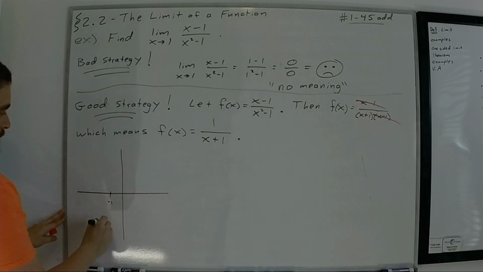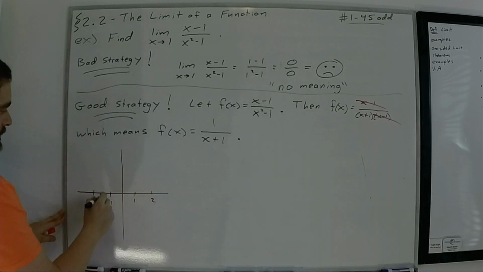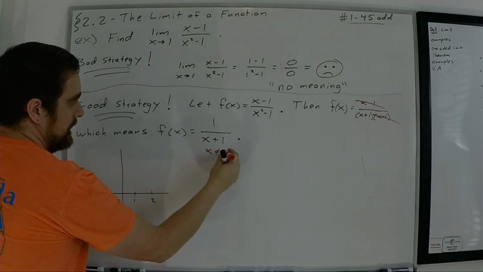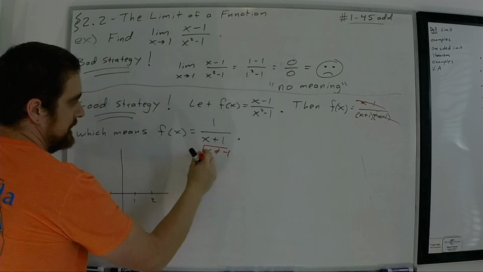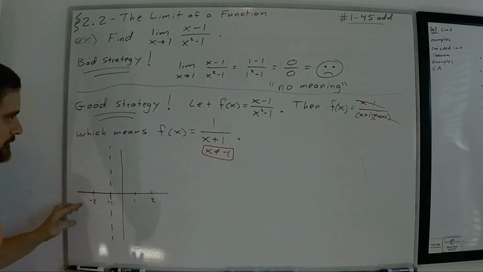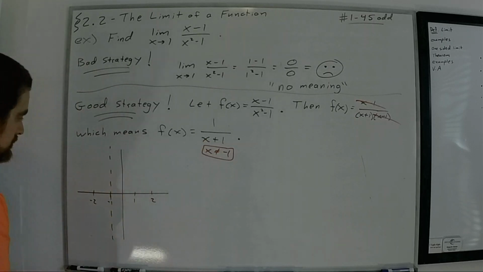There's negative 1, there's 1, there's 2, there's negative 2. We don't have to go too far with this. I want to emphasize that x cannot be negative 1. That is what we call a vertical asymptote, because we would be doing 1 divided by 0, which we can't do.